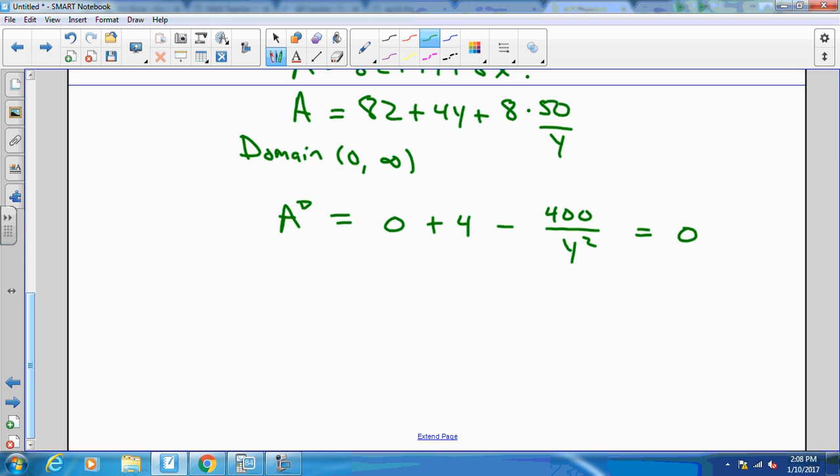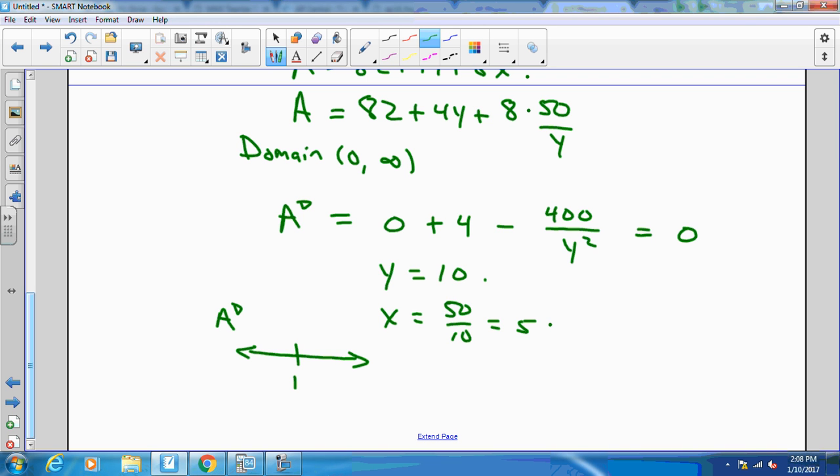Can you solve this equation in your head? I bet you can. What value of y? That's right. If y is equal to 10, and x is equal to 50 over y, then x is equal to 5. But does this legitimately minimize the amount of paper that we're going to use?